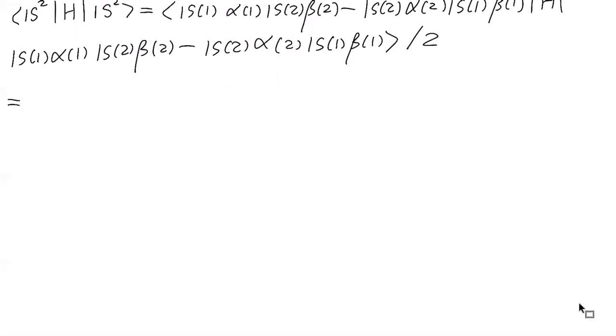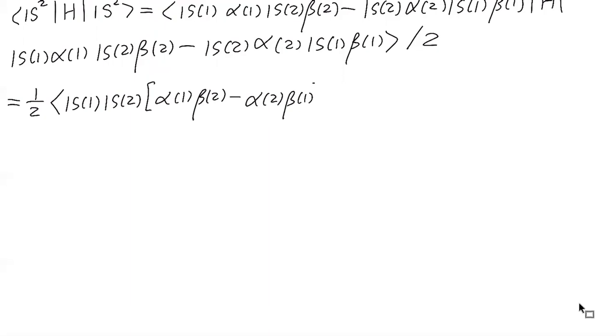Now, this is, of course, equal to 1 over 2, 1s1, 1s2, alpha 1, beta 2, minus alpha 2, beta 1, right?